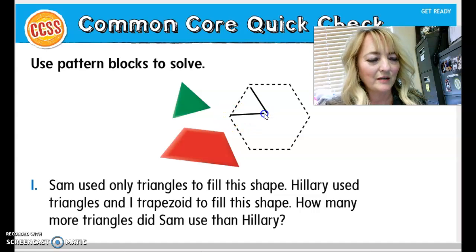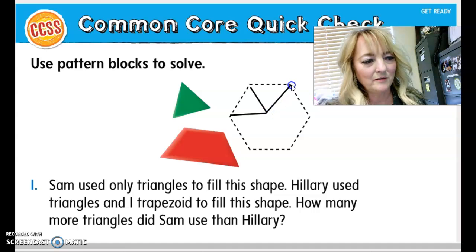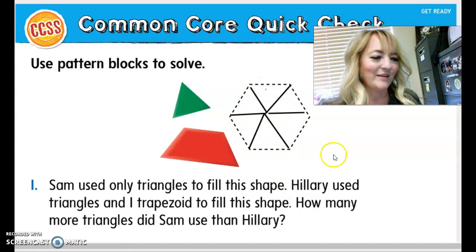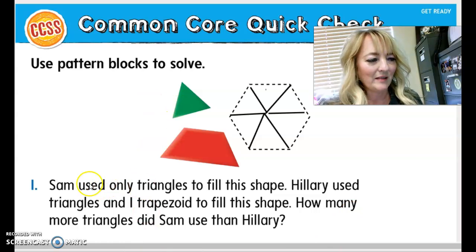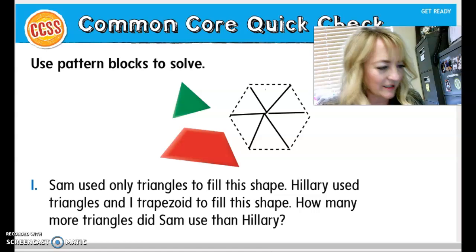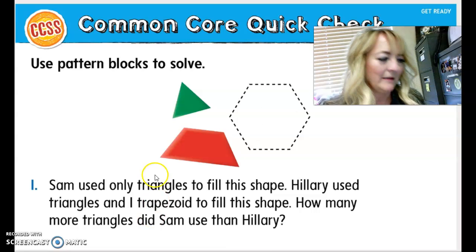Sam used only triangles. So there's 1 triangle, 2 triangles, 3 triangles, 4 triangles, 5 triangles, and then 6. So he used 6 triangles. Now let's see what Hillary used.